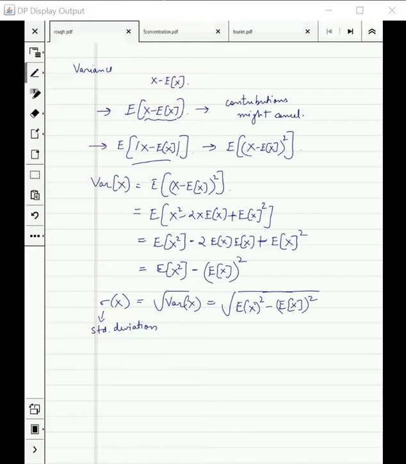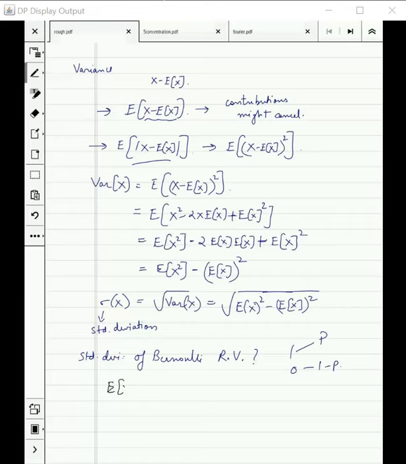Let's take a small example. What is the standard deviation of a Bernoulli random variable? You remember what a Bernoulli random variable is? It's just a coin toss where we get value 1 with probability p and 0 with probability 1 minus p. So we just have to calculate these two quantities.